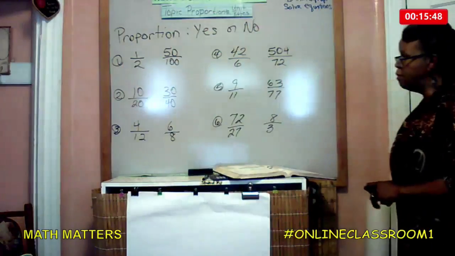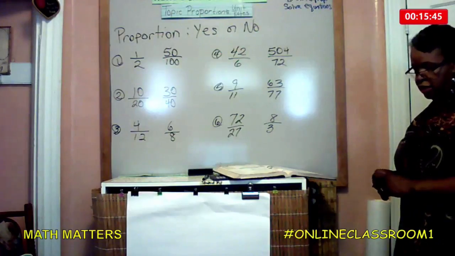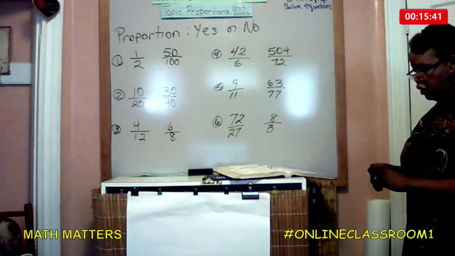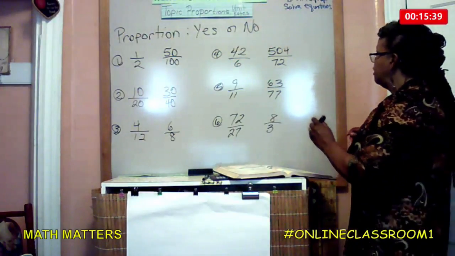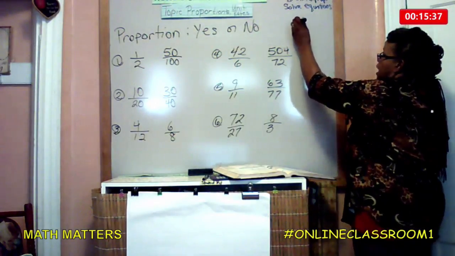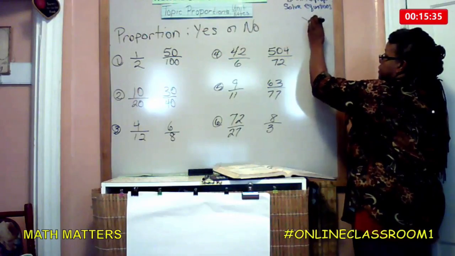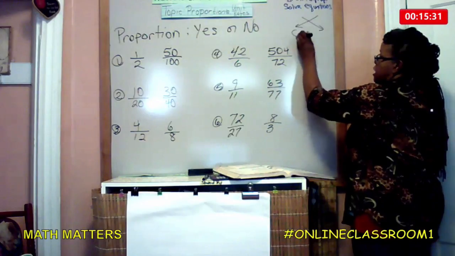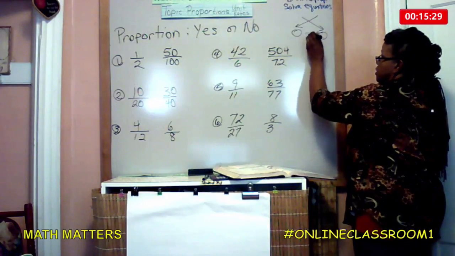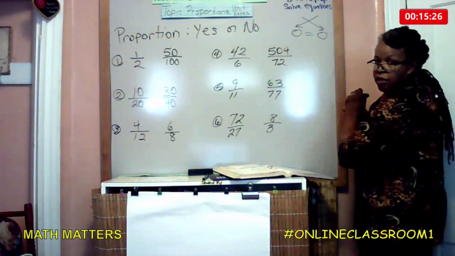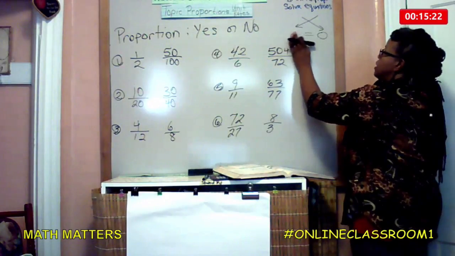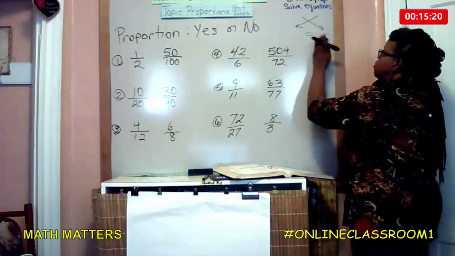You need to determine if we have a proportion, yes or no. We have different strategies we can use. Let me just refresh your memory. We can cross multiply. If these products are equal, then we have a yes.